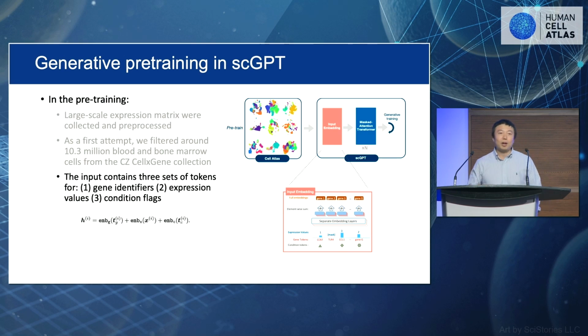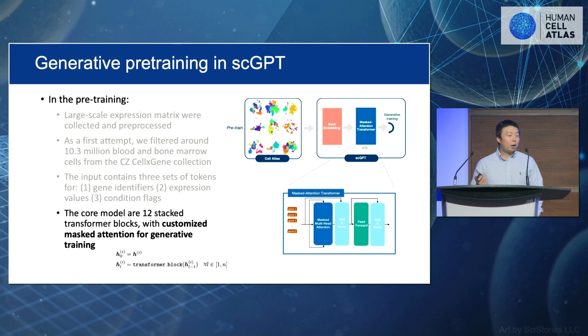More importantly, we can also add condition tokens, for example, which batch this gene expression comes from, or which perturbed genes this perturbation dataset comes from. This condition token gives us lots of flexibility to incorporate prior information. Once we have all the input, the core of the architecture is really just a lot of attention layers, which we will not talk about too much.